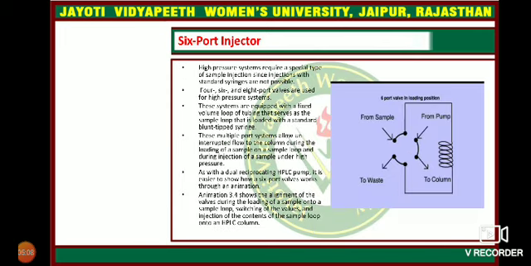The 6-port injector. The high pressure systems require a special type of sample injection since injections with standard syringes are not possible. 4, 6 and 8 port valves are used for high pressure systems. These systems are equipped with a fixed volume loop of tubing that serves as a sample loop that is loaded with a standard blunt tipped syringe.